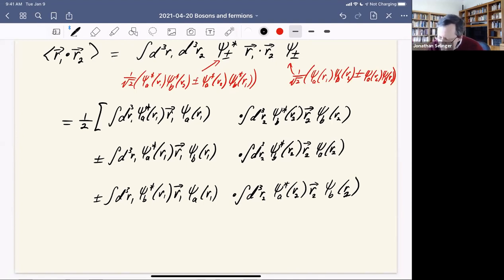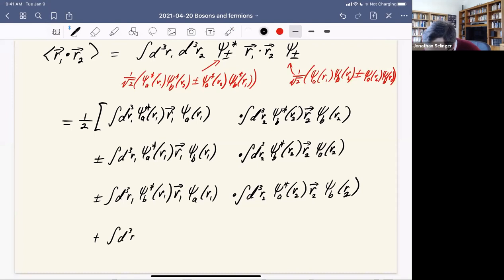And the last line, we have to do the second times the second. So there's a plus or minus sign times a plus or minus sign. If they're both plus, it's plus. If they're both minus, it's plus. Either way, it's plus.